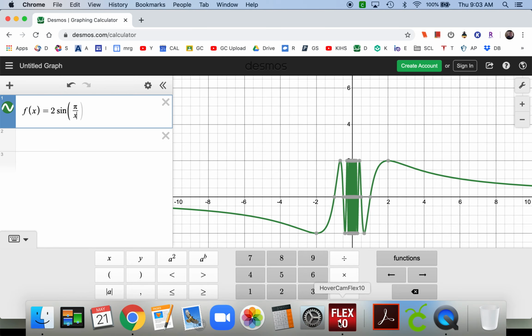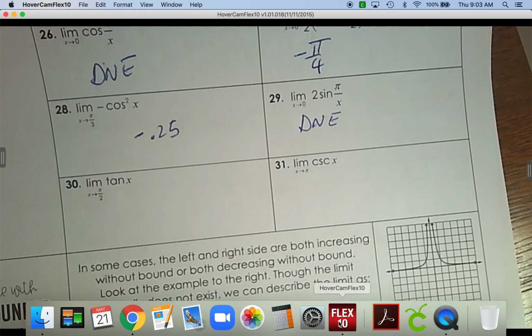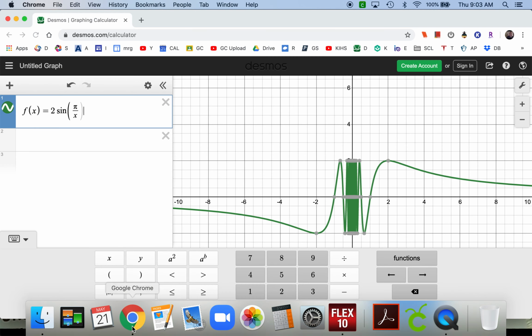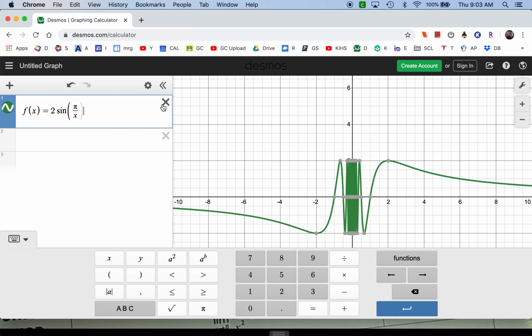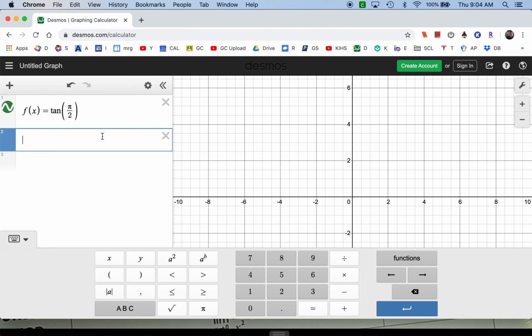All right, on to number 30. Tangent at pi over 2. Type that in, tangent x as it's approaching pi over 2.